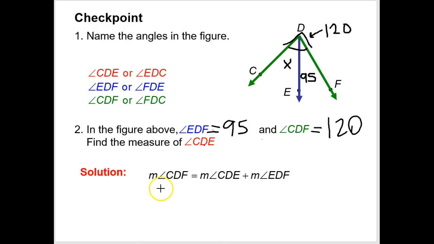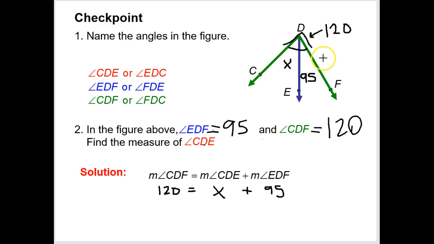So CDF, 120, equals measure of CDE, which we don't know, and 95. This time we can't just add them up, because we have a missing chunk, a known chunk, and then we know the total.